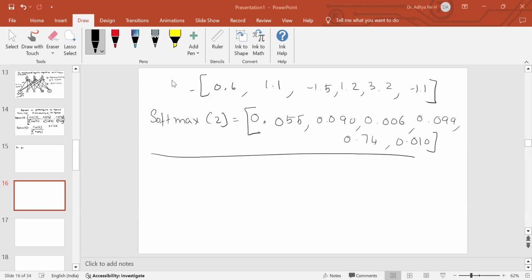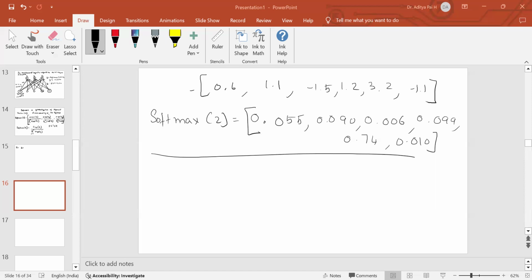Now the equation that we get for this can be written as, for the output, y is equal to a of 2. That is nothing but the output of the weight W and the output from the hidden units.